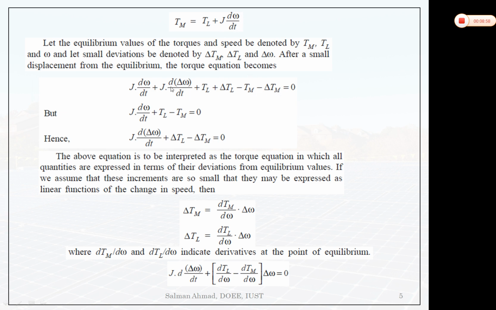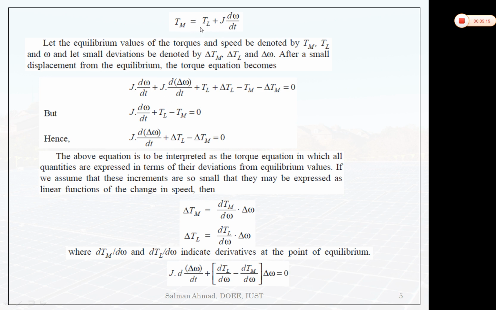But at the steady state point or equilibrium point, TL minus Tm plus J d omega over dt is 0. At steady state operation, this basic equation holds true.